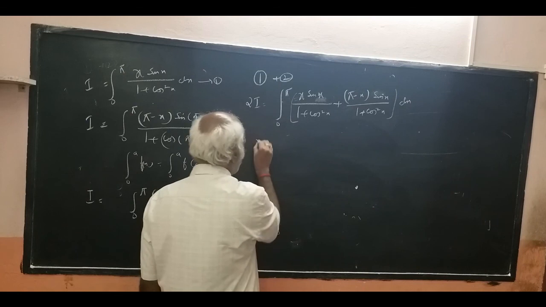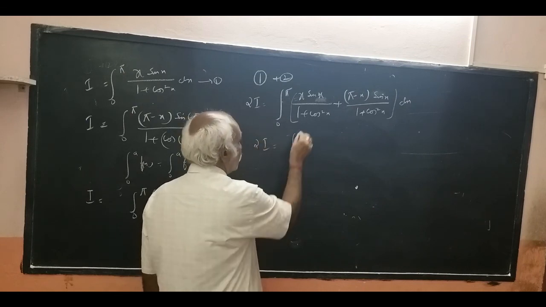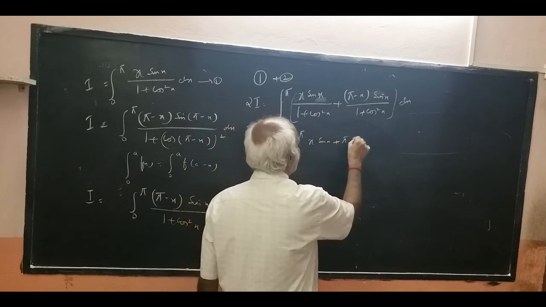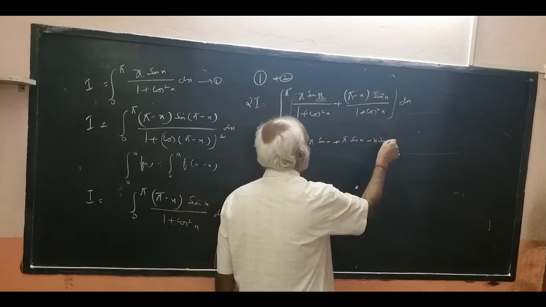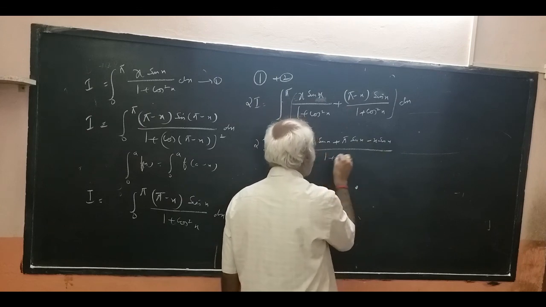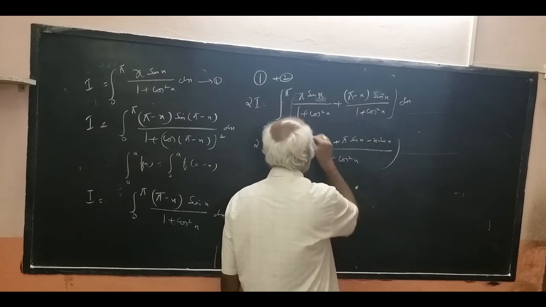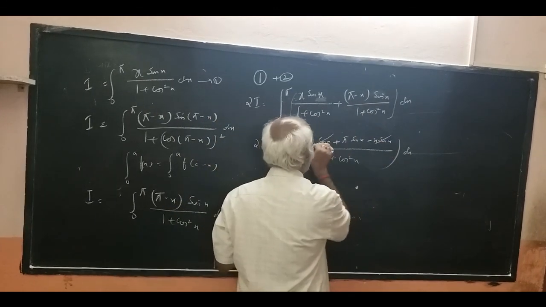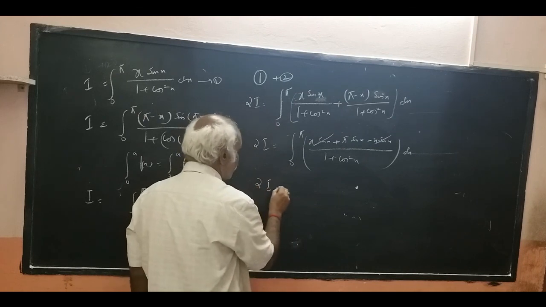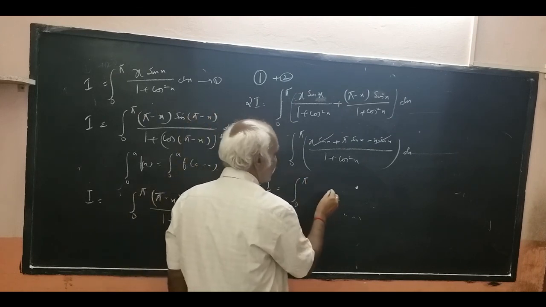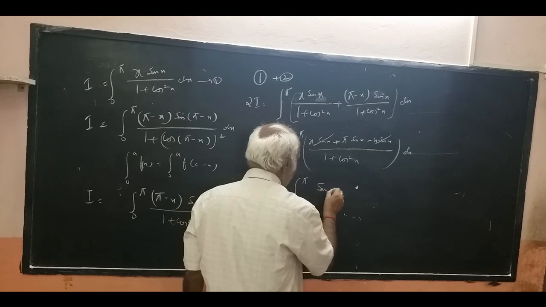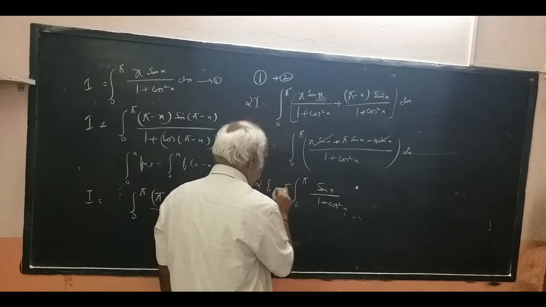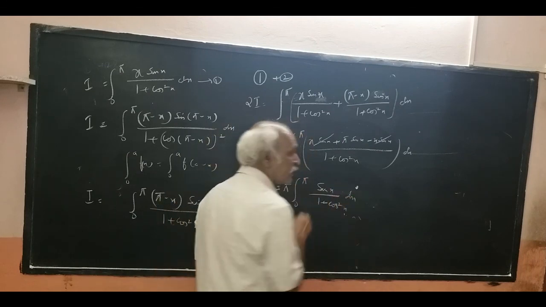Okay, I am adding this. 2i is equal to 0 to pi x sin x plus pi sin x minus x sin x by 1 plus cos square x. Why? LCM is same, open the bracket. So x sin x will get cancelled. So 2i is equal to 0 to pi sin x by 1 plus cos square x. Here pi will come. Now we have to find integration for this.